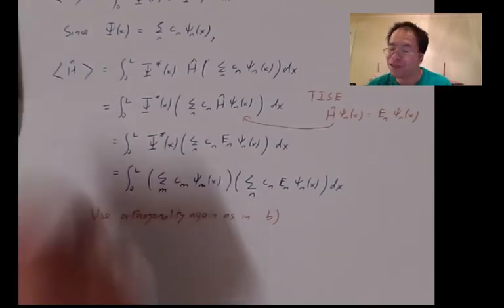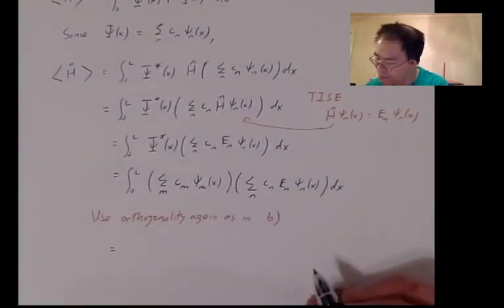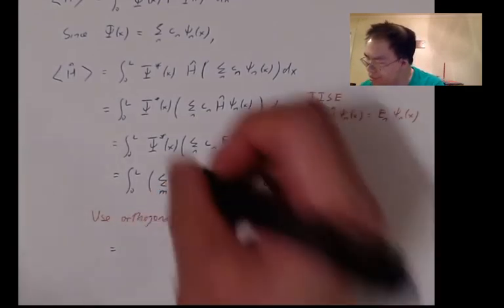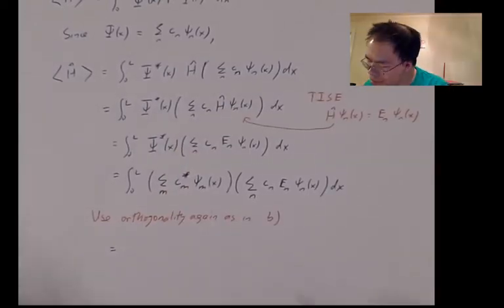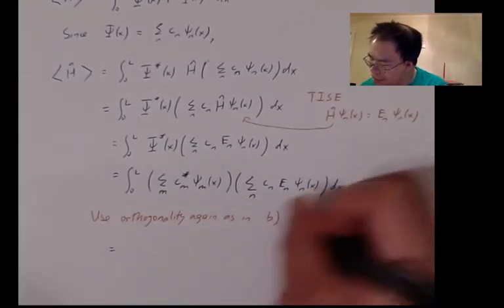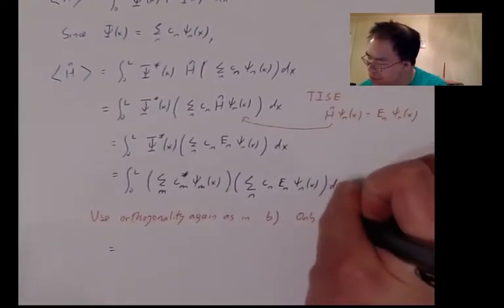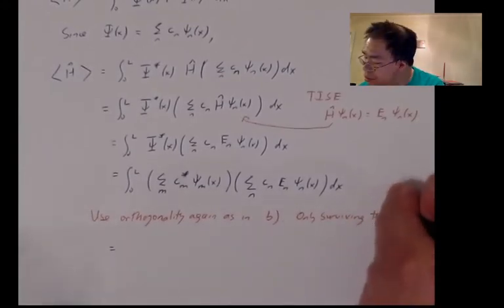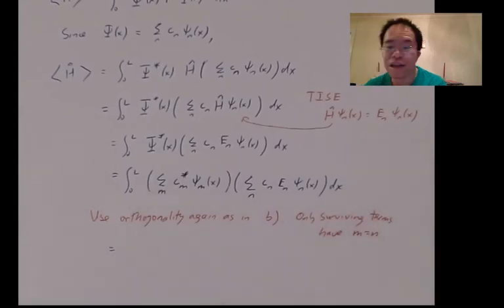The only ones that survive are the non-cross terms. Oops, I forgot to complex conjugate that. There, got it. So the only surviving terms have m equal to n.